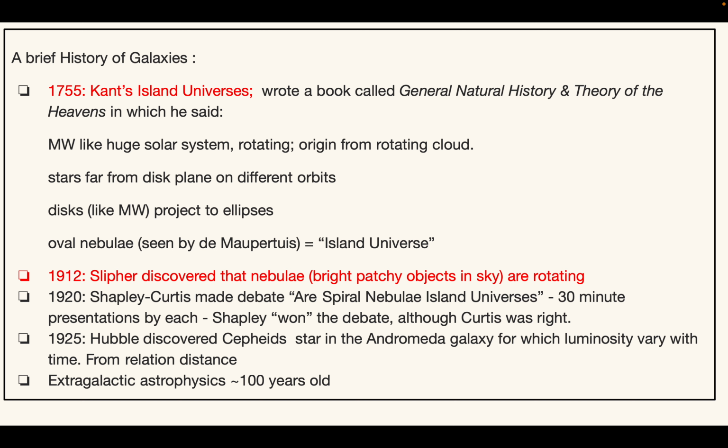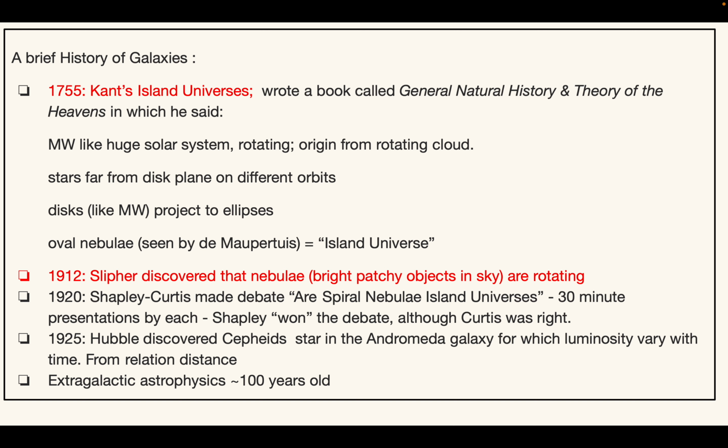He wrote a book called Universal Natural History and Theory of the Heavens, in which he said that the Milky Way is like a huge solar system, rotating and originating from a rotating cloud. Stars fall from the disk plane onto different orbits. Disks like the Milky Way project to ellipses. Oval nebulae seen by Maupertuis are called island universes.